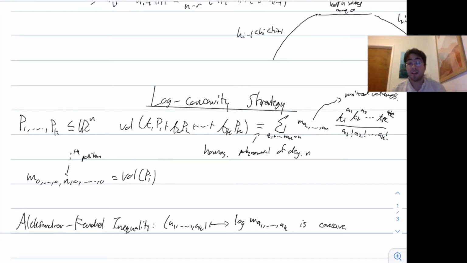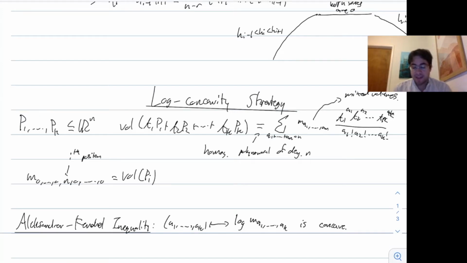So this is a concave function of the indexing sequence. So you get a lot of log-concave sequences by looking in the domain where this adds up to n and taking lines. So if I restrict to any line, you get a log-concave sequence. So lots of log-concave sequences coming out of this inequality.